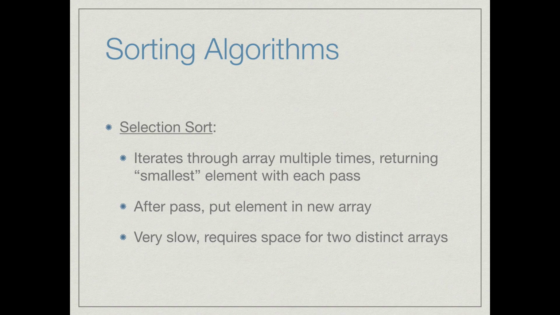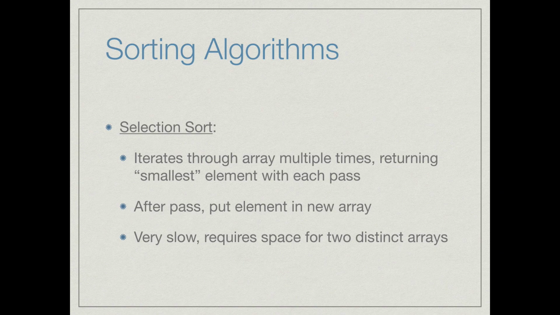So the first that we're going to look at is called selection sort, which goes through the collection, the array, many times, each time finding the smallest element that is still within the unsorted part of the array. After each pass through the array, the element that is returned is put into a new array, and at the end of all things, you end up with a brand new array where all of the elements are in sorted order.